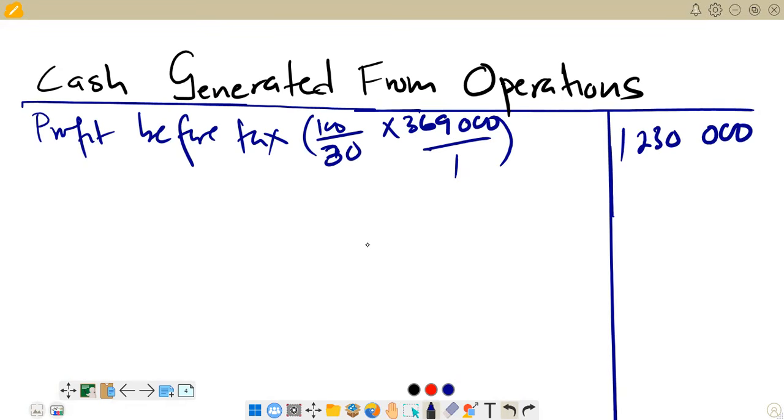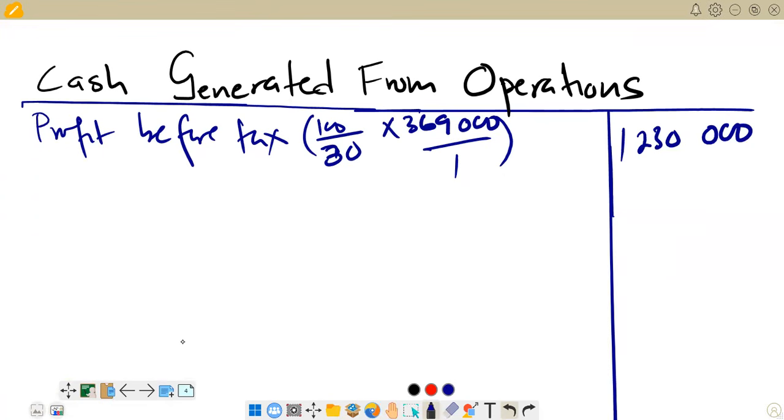Then we are going to make the adjustments. So the adjustments that we are going to make here, we are going to make adjustments for non-cash items. We add them back, non-cash items, if they are there in the question. And then also we are supposed to adjust for interest. Remember, interest is adjusted under operating activities in the cash flow statement. Because here we are not yet in the cash flow statement.